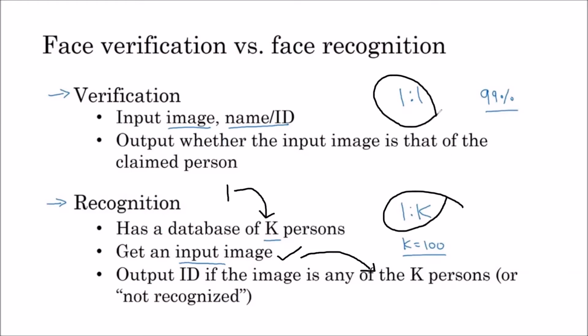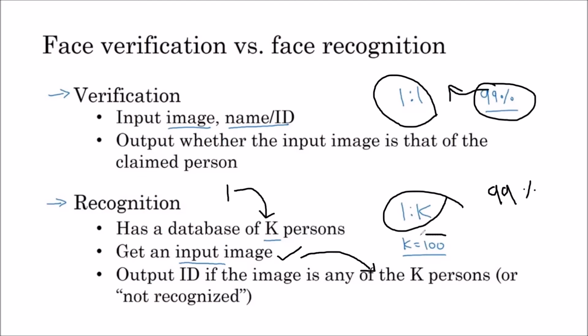In face verification, if we are getting 99% accuracy, that is good. But in face recognition, if we are getting the same 99% accuracy, that might not be good, because here we are only missing one case.